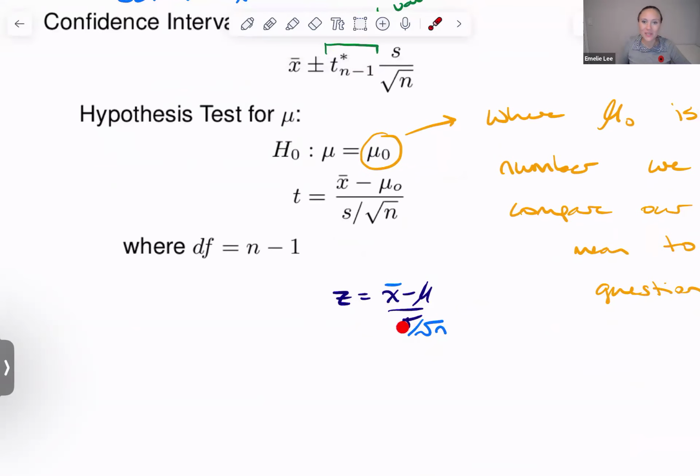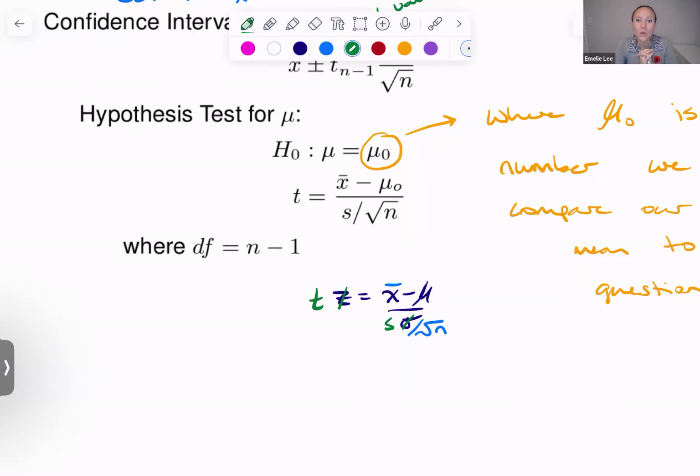The problem is that because I don't know sigma, it's not going to be a z anymore, but that's okay. If I replace that sigma with an s, it turns into a t. So there is that relationship, but it's on your formula sheet, so I would say just go with your formula sheet.